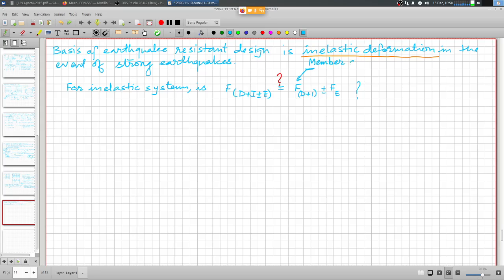So I would say these are the member forces due to dead and imposed loads.